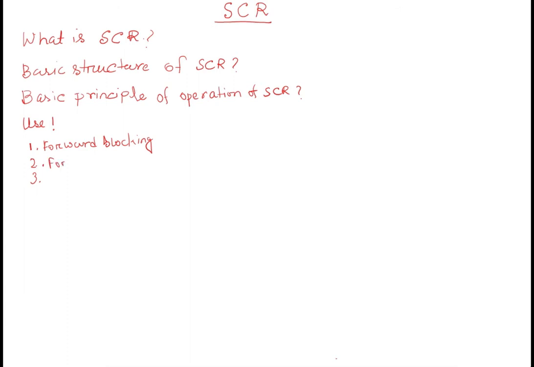Second is forward conduction. Third is reverse blocking. So these are the 3 modes. We'll discuss them.